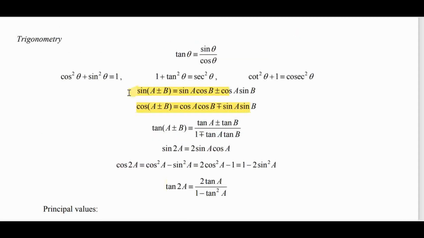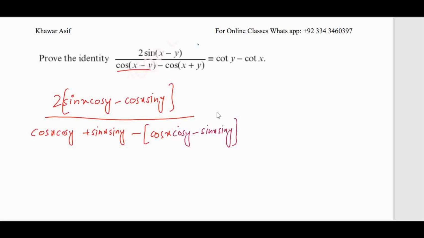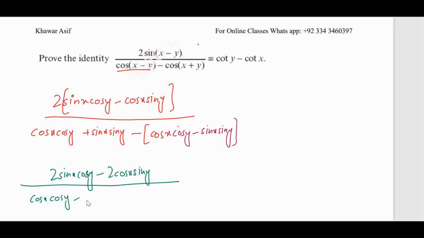We can use sine and cos identity over here. So if we simplify it further, this will become 2 sine of x cos of y minus 2 cos of x sine of y whole divided by cos of x cos of y plus sin x sin y minus cos of x cos of y plus sin of x sin of y.